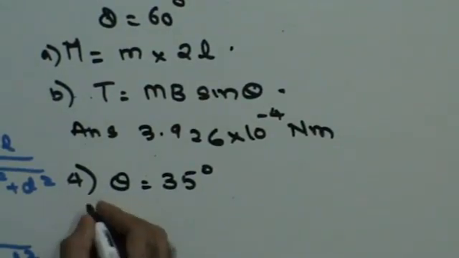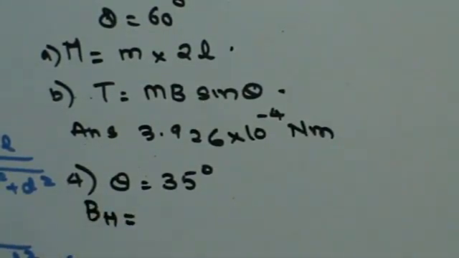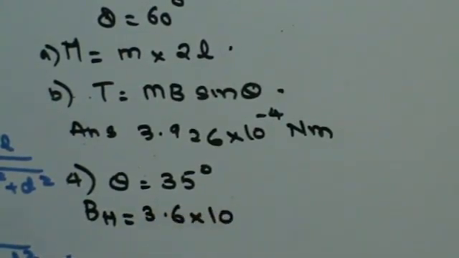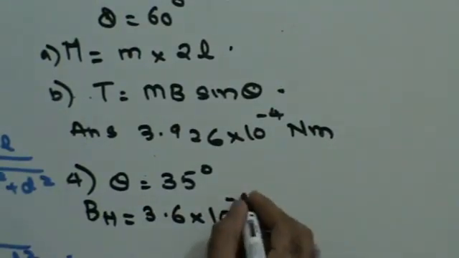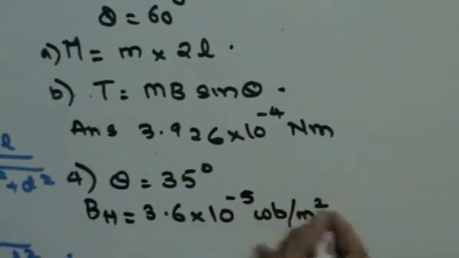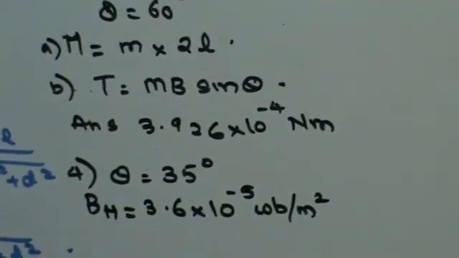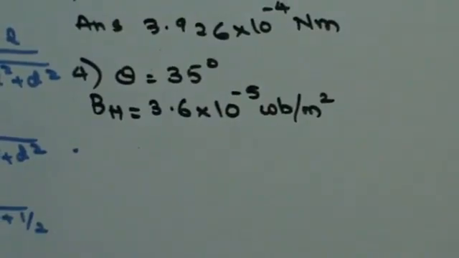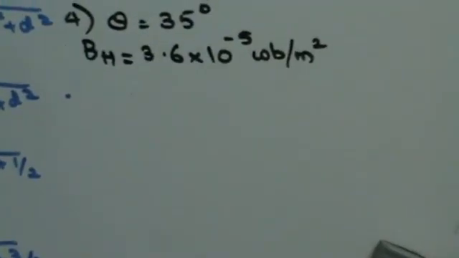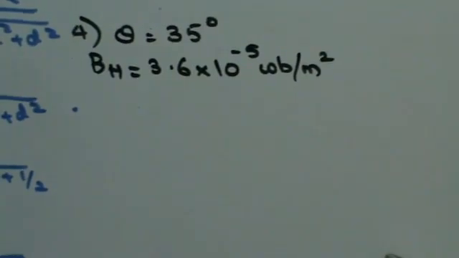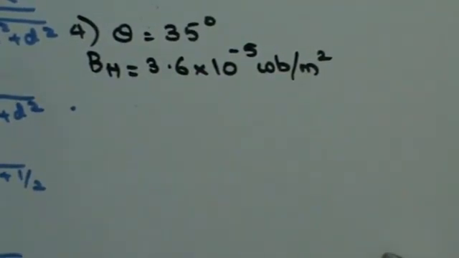If the horizontal component of the Earth's magnetic field is 3.6 into 10 raised to minus 5 Webers per meter square, find the magnetic induction applied.